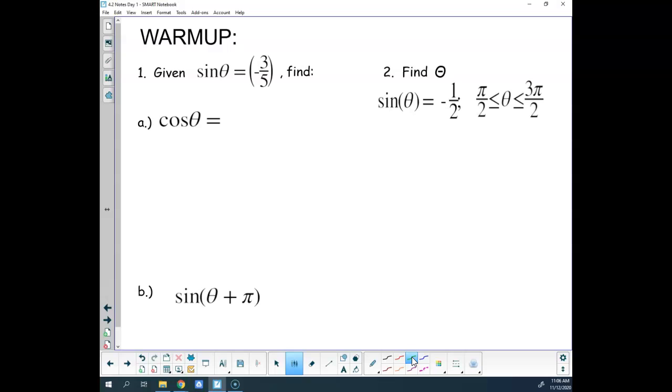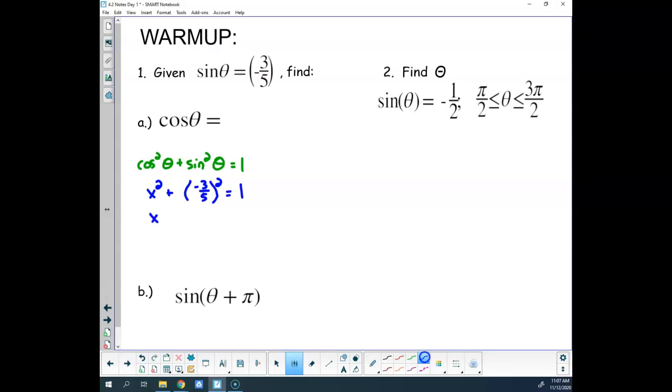All right, so cosine squared. I guess we're going with theta this time. Cosine squared of theta plus sine squared of theta has to be 1. So x squared plus negative 3/5 squared is 1.